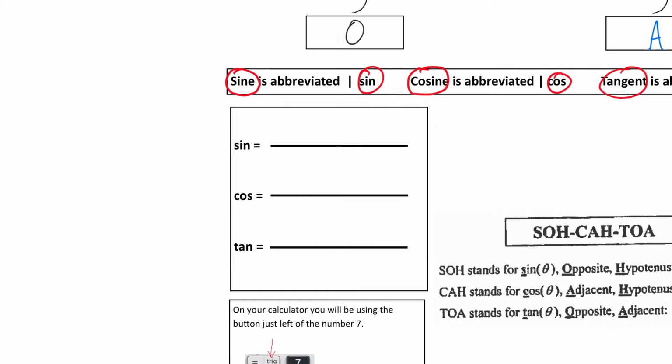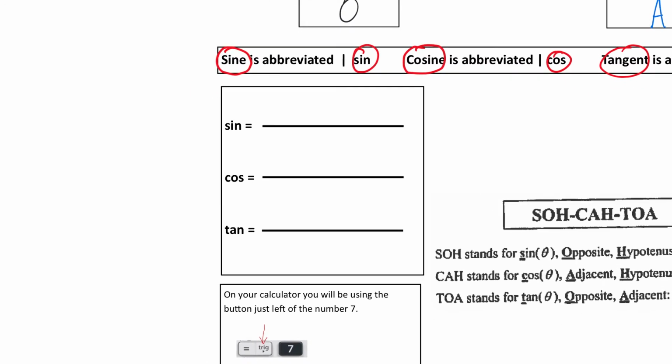All right, so let's talk about what each one of these is. The sine function is the opposite over the hypotenuse. Sine is the opposite over the hypotenuse.